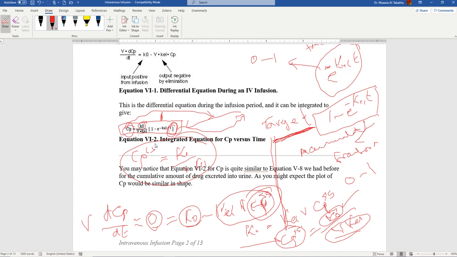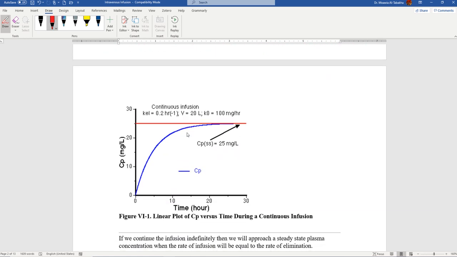Is that clear? You will notice later that the problem here is the time to reach steady state concentration. What is this time? It is a very long time.